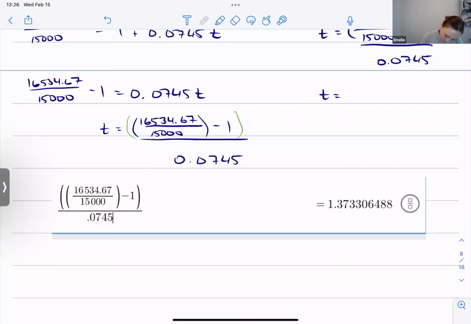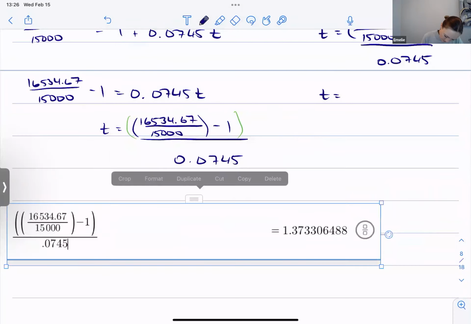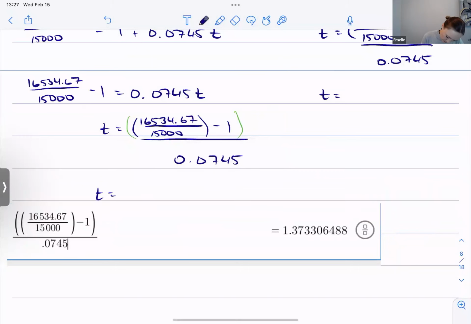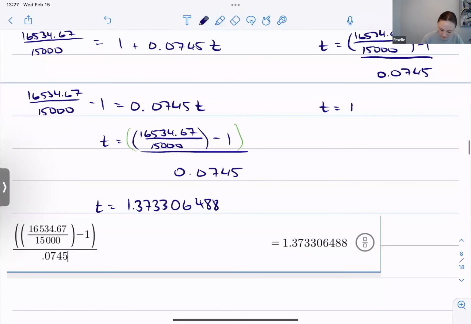So here, doesn't matter how we got there. t is 0.3733 years.